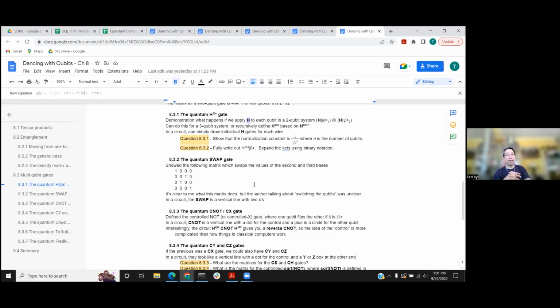So the really important cases are when one of them is 1 and the other is 0, or the first one's 0 and the other is 1, because when they're the same, you get your 0,0 and your 1,1 bases in your new space. So the end result is a permutation matrix where, in a normal identity matrix, you'd have ones on the main diagonal, and the second and third columns are basically swapped here.